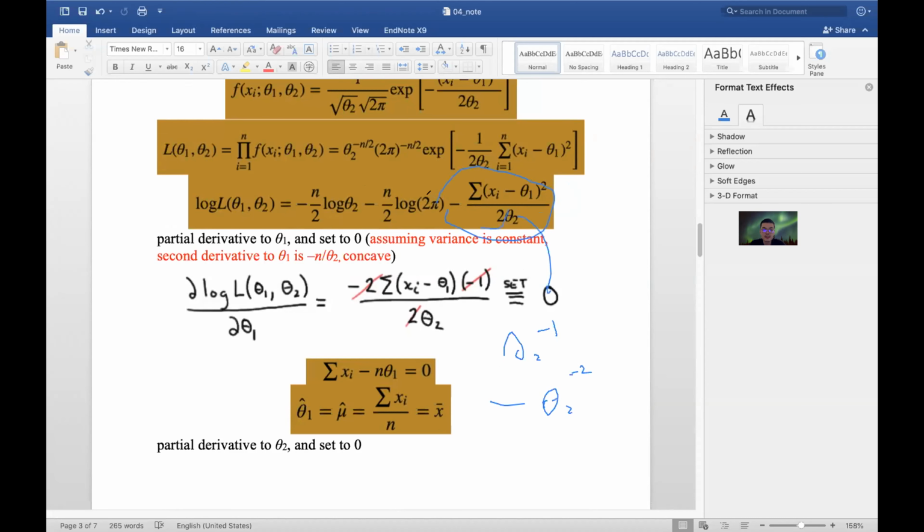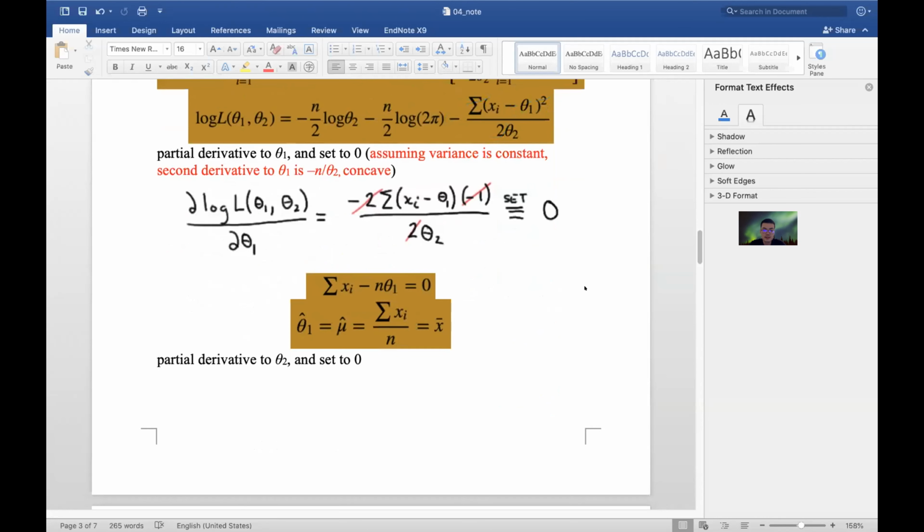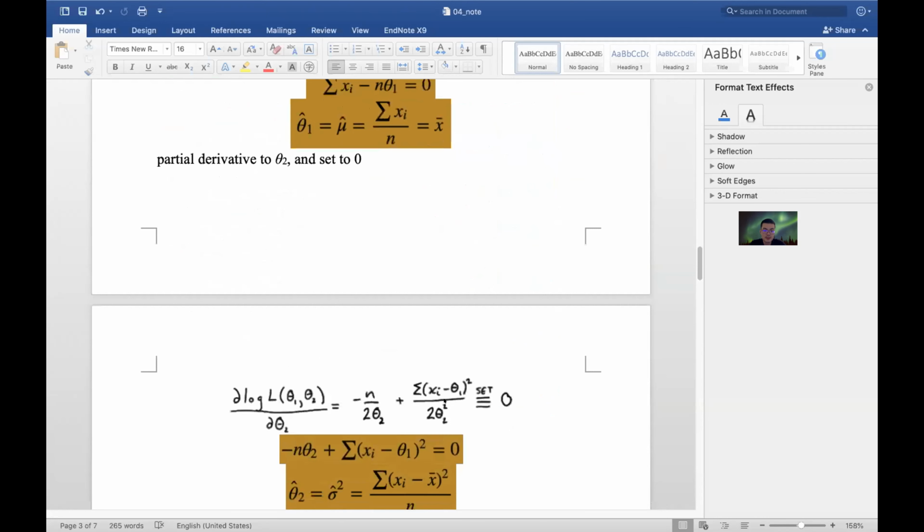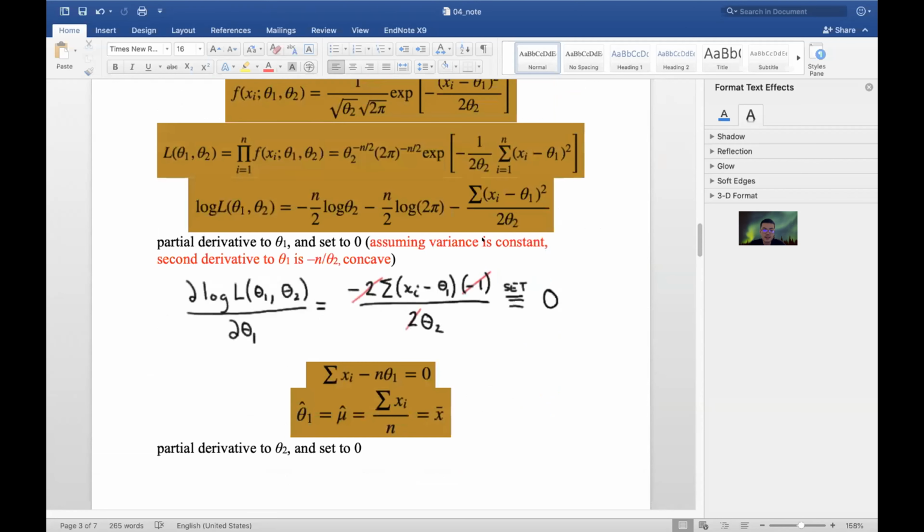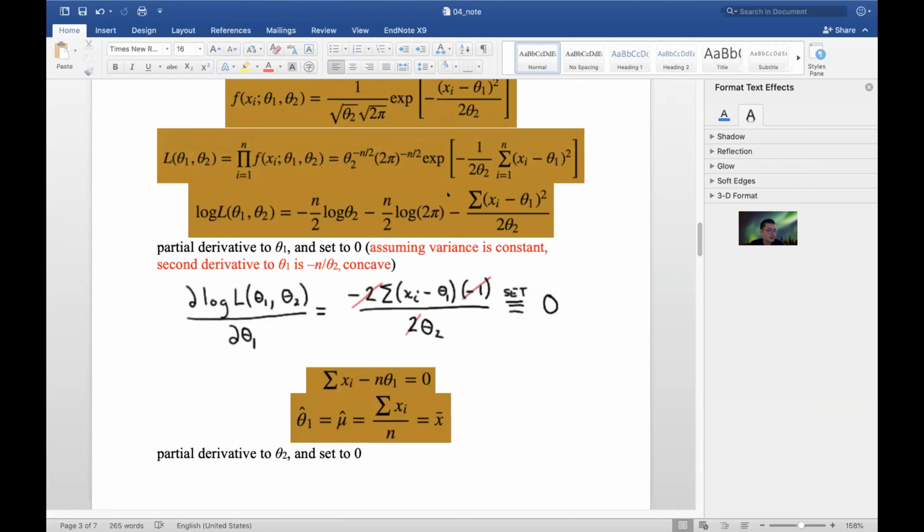For the other terms, they are constant in terms of theta 2, because when we take the partial derivative with respect to theta 2, theta 1 is treated as constant. After taking the derivative, this is negative 1 over theta 2 squared, so this will give us this term, with theta 2 squared at the bottom. This will become plus, because the negative cancels with this negation.